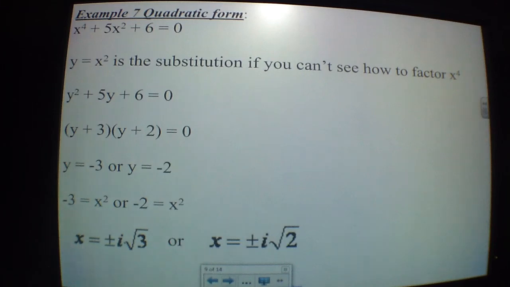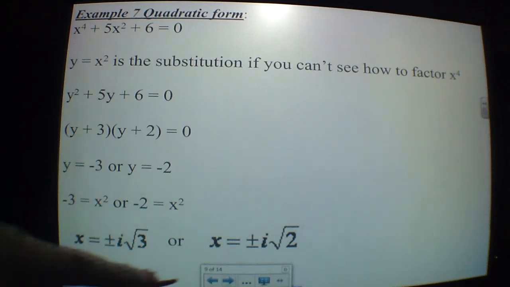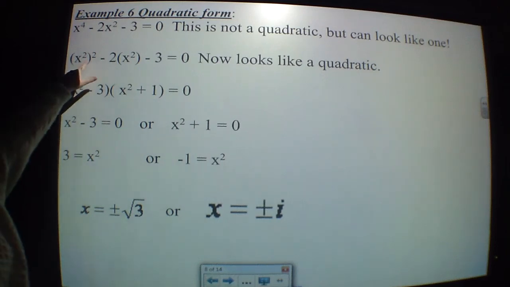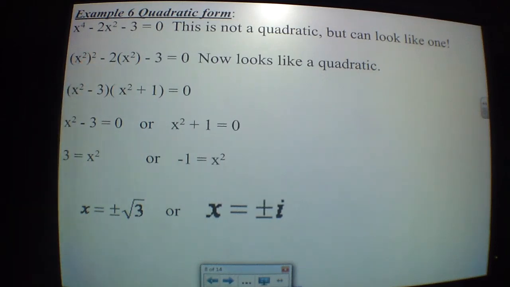And those are your solutions. So it's not a quadratic, but you can make it look like a quadratic. You can either do it by substitution, or the previous way, when I just kept it as x squared. That's the same thing. So whichever way you like better, you can do.